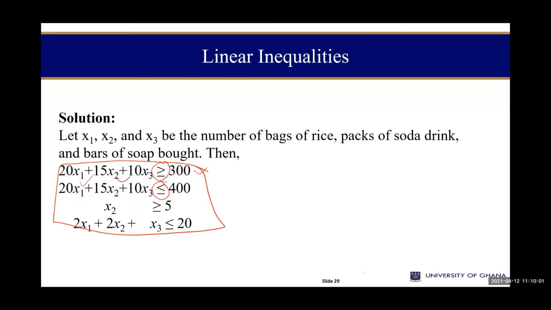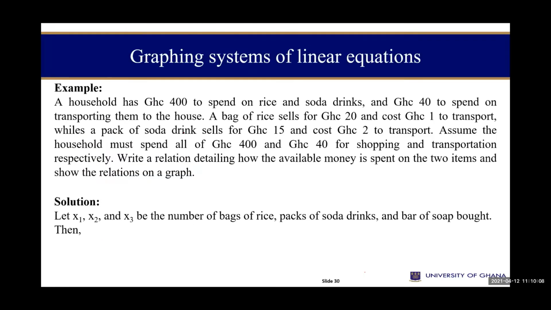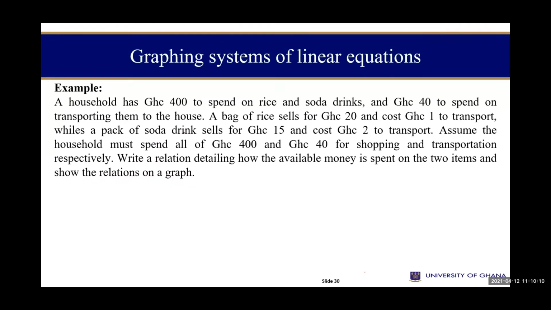So my good friends, if we want to find a solution for x1, x2, and x3, remember we said one of the techniques we can use is matrix. The other technique we can also use is graph. We can use graphs to also find the value for the decision variables. But if we are using graph, we can only deal with 2 decision variables, because usually graphs have the x and y axis.